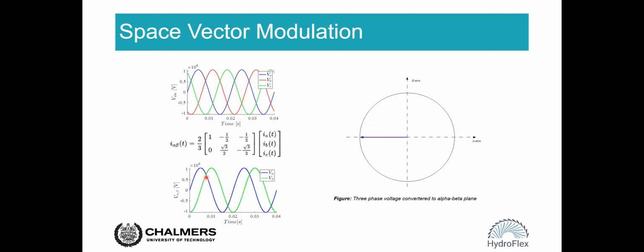And this is called the amplitude invariant transformation. In some other cases, we can use a power invariant transformation, and this matrix will have a different coefficient here, which is not 2/3 anymore. It will be some other value.